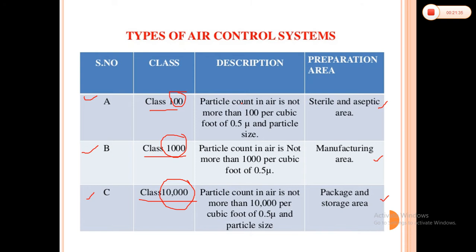HEPA filtered air is blown evenly out of the entire bank, as well as on top of the workbench or the entire ceiling of the room. There is also a system we have to develop, the HVAC system, which we have to maintain in all those areas where heat, ventilation, air and humidity are controlled. The airflow must be uniform in velocity and direction throughout any given cross section of the area.